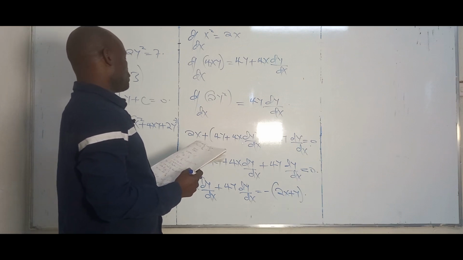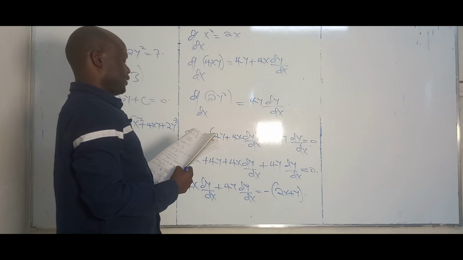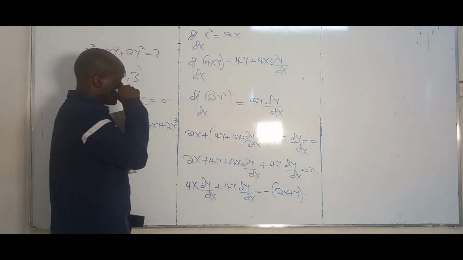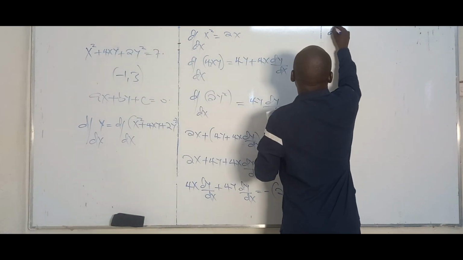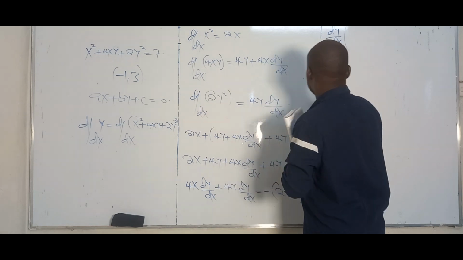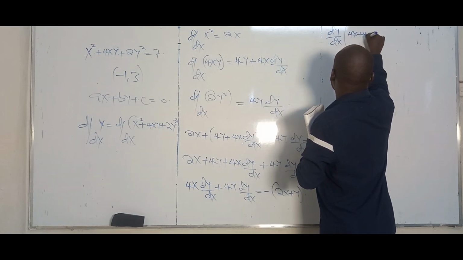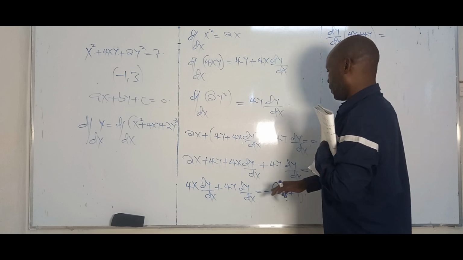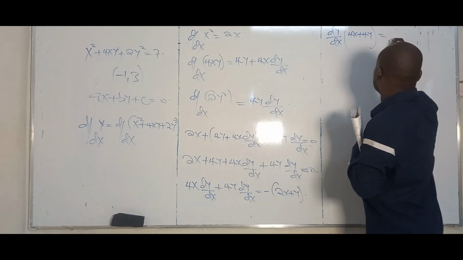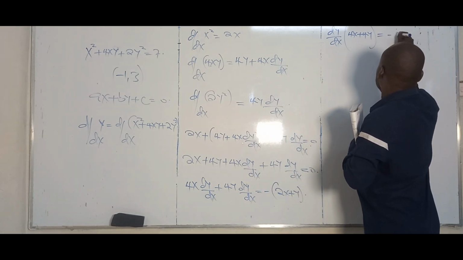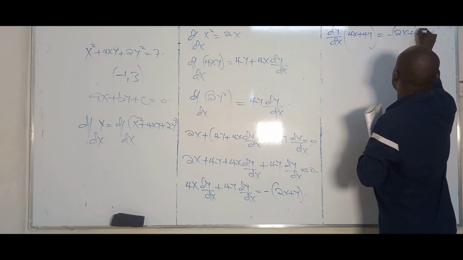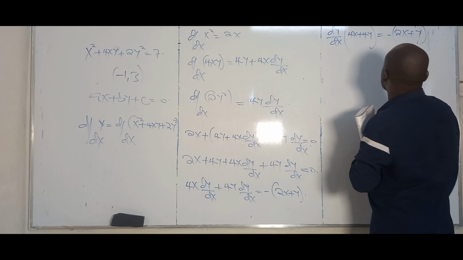So we seek to find what dy/dx is. I'll factorize dy/dx. So dy/dx in brackets 4x plus 4y is equal to minus 2x plus y.